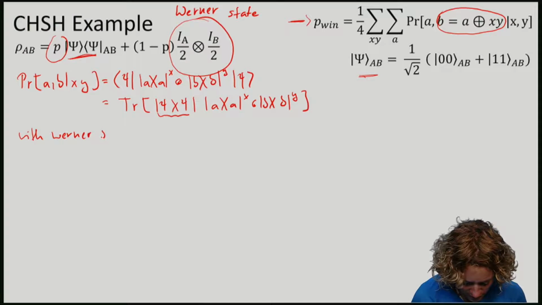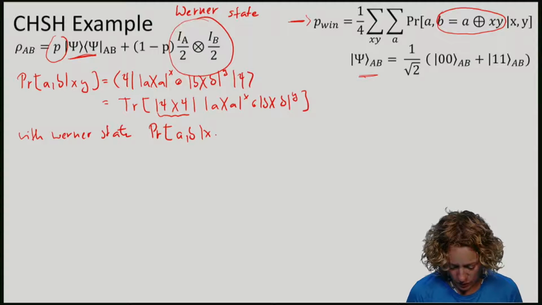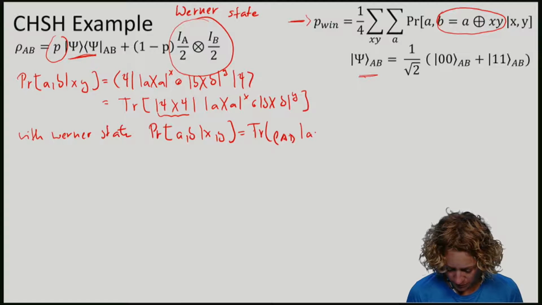So with the Werner state, my probability of seeing A and B given X and Y is given by the trace of rho AB times these measurement operators.